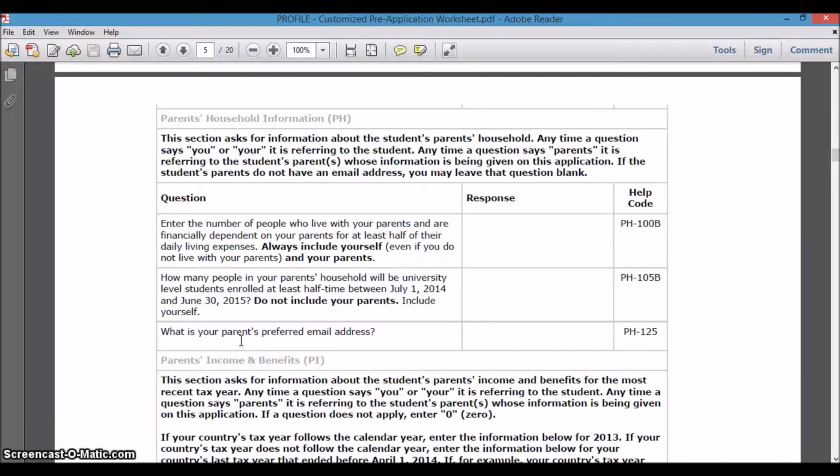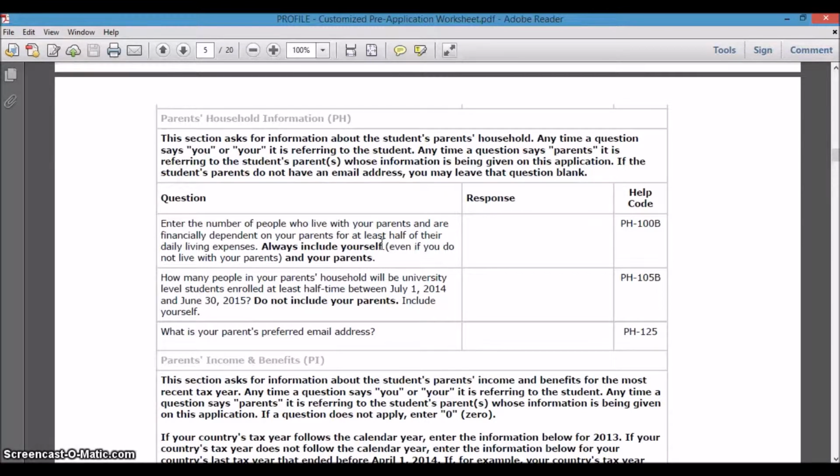This is a section where you have to fill out all the information that they ask you about your specific household. The first question is basically how many people live with your parents and are financially dependent. That means how many people in your household basically have all their needs met by your parent. And in this case, you can see that it says always include yourself. So when you're entering any responses in the CSS profile, it's going to be a numeric response.